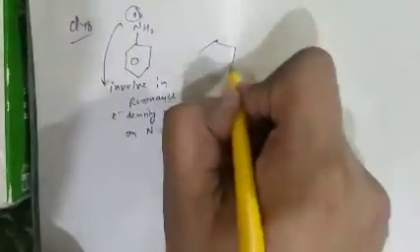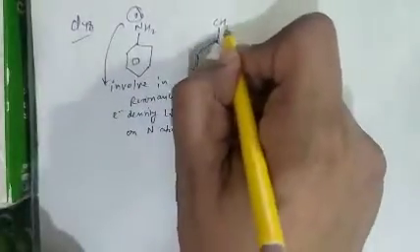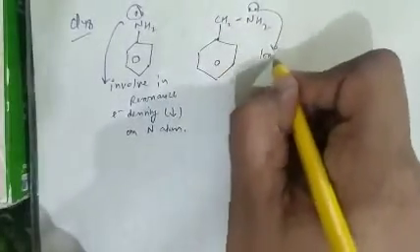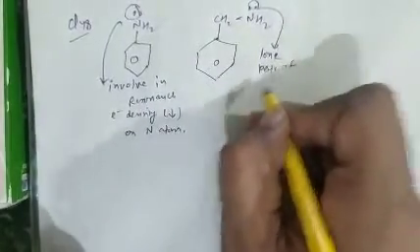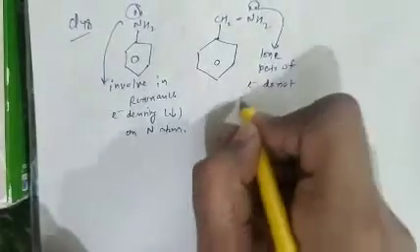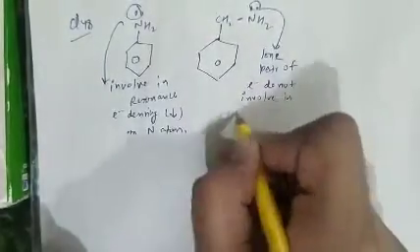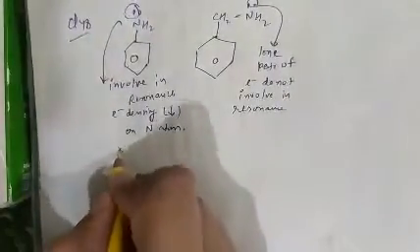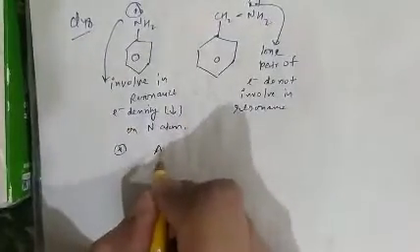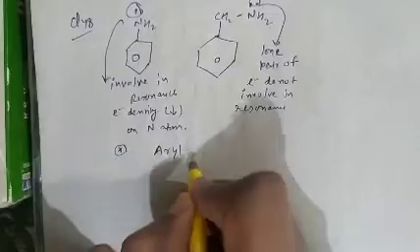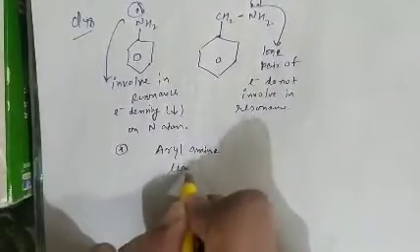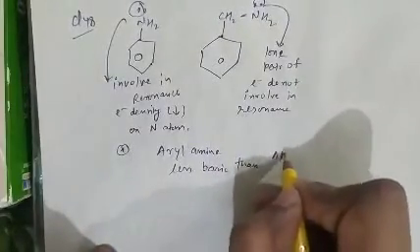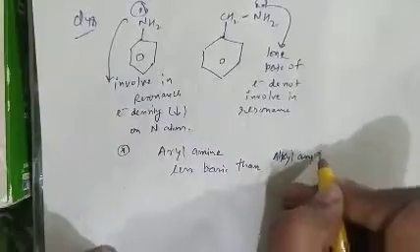And the compound here is benzylamine. This is benzylamine. As this lone pair of electrons does not get involved in resonance. And we know that arylamine is less basic than alkylamine.